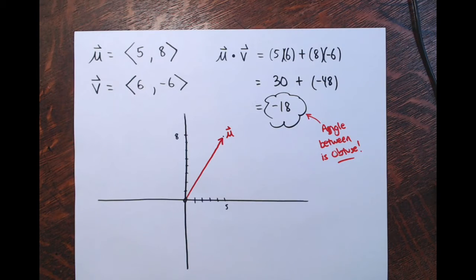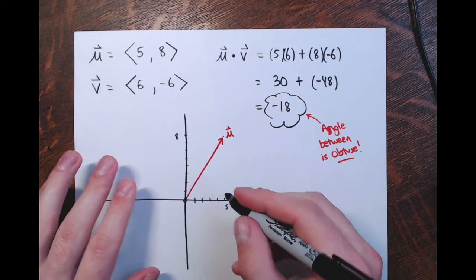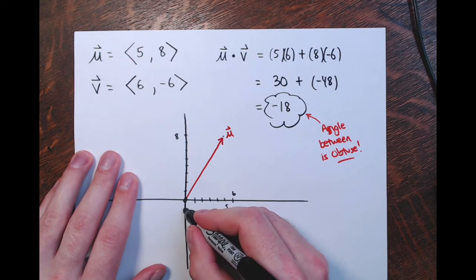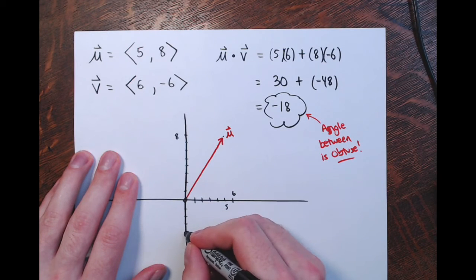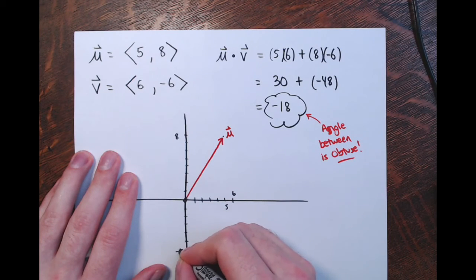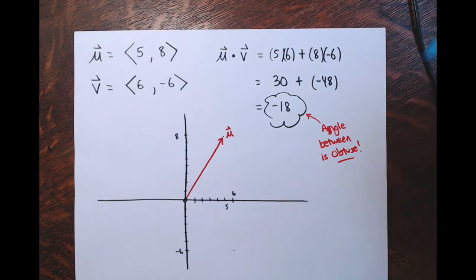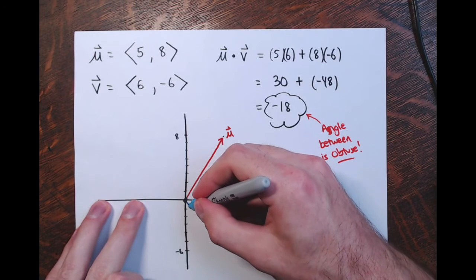Then vector v is 6, negative 6. And here's vector v.